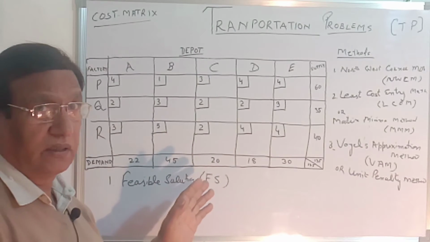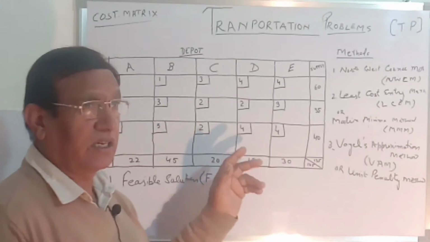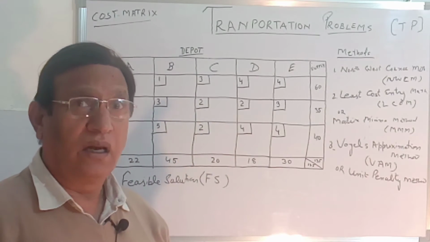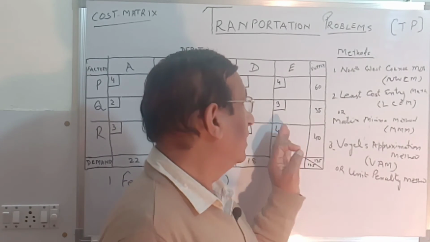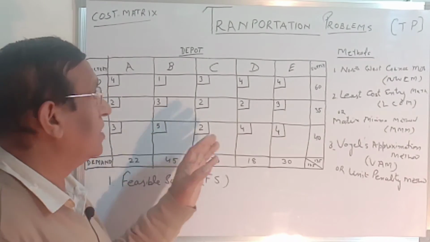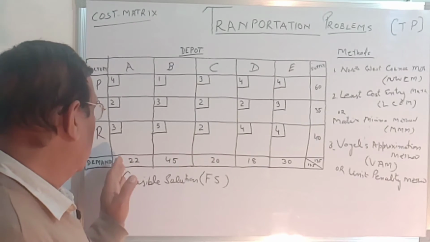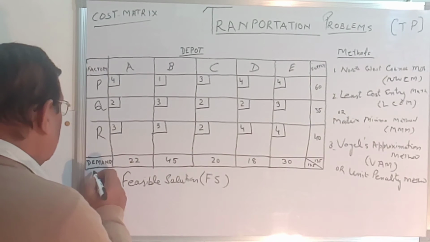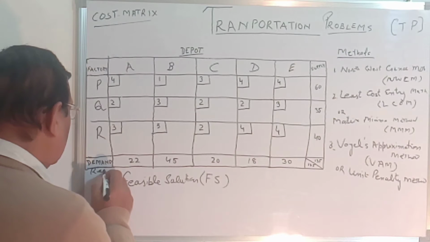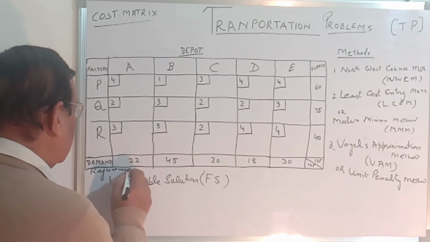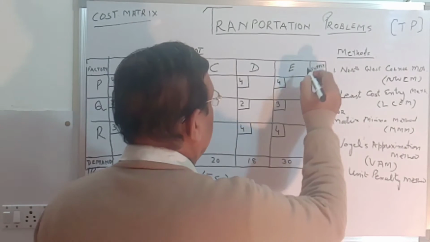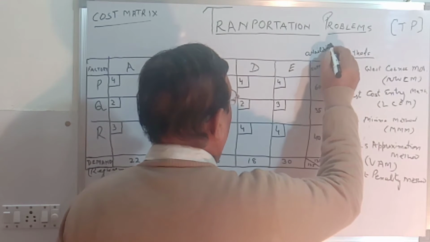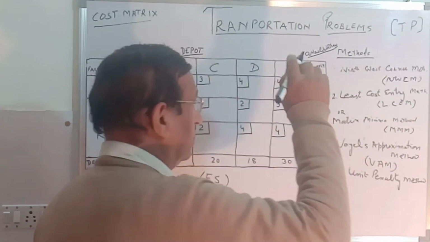Our allocations or assignments are made in such a way that the assignments made are positive and they satisfy all the constraints of demand and supply, all the constraints of availability and requirements. This is also known as demand means requirement, and this is availability. These two terms are likely to be used in almost all the numericals.